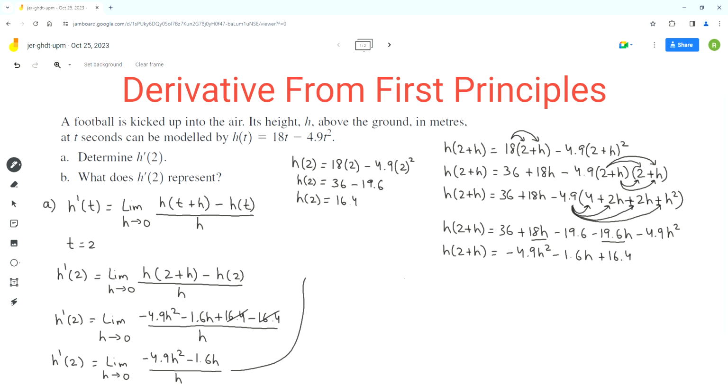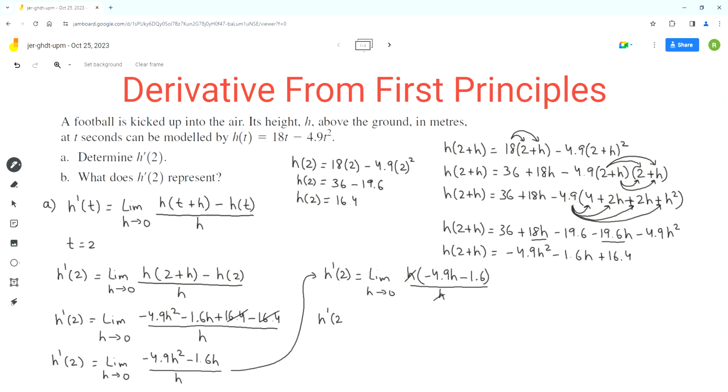Now we can factor out an h from the numerator, so we get h times negative 4.9h minus 1.6, over h. We can cancel out the h's and we can apply the limit.